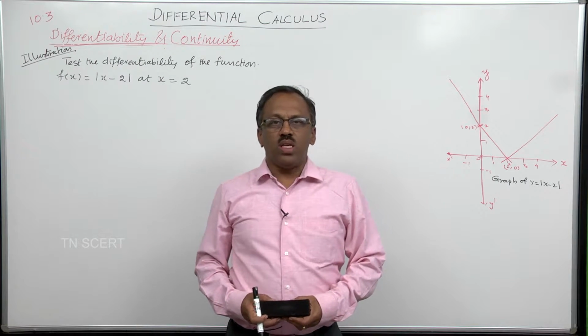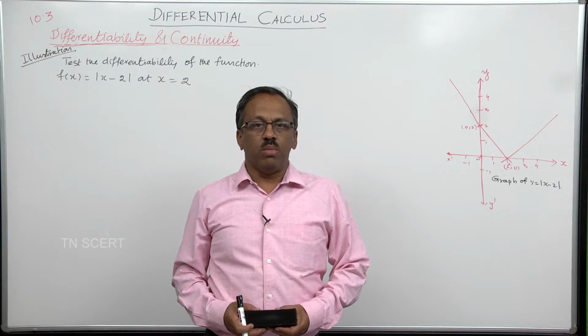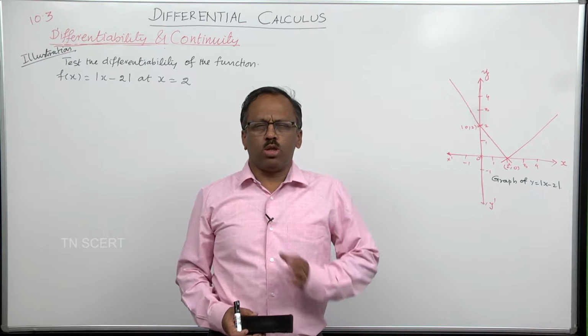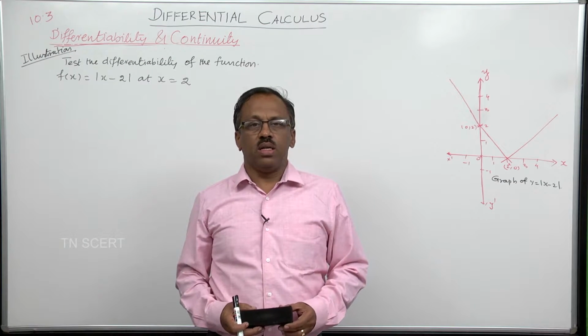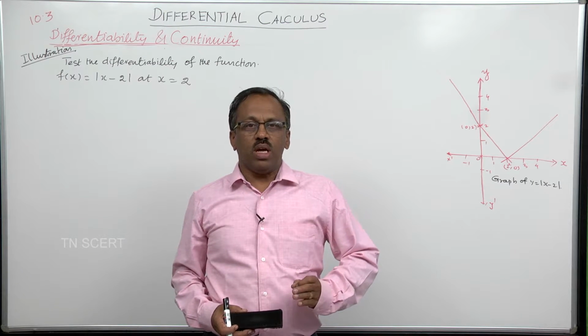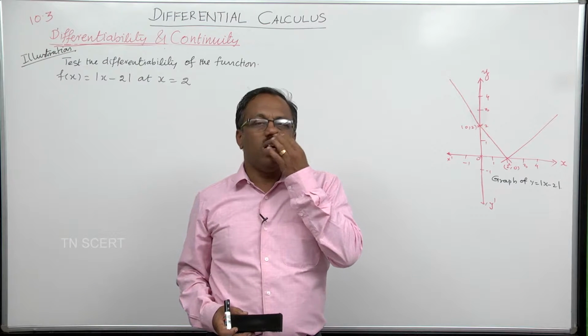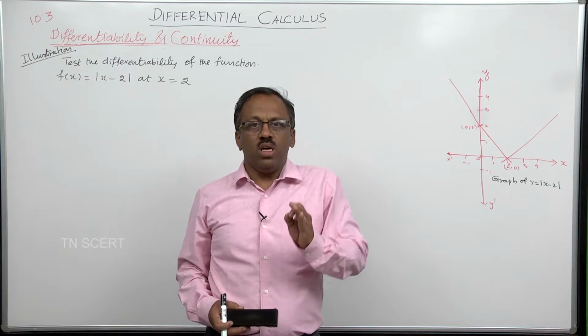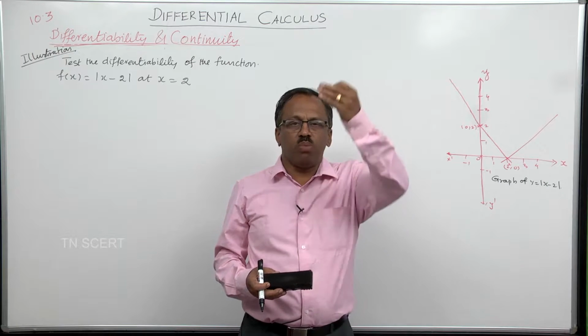Students, in differential calculus, limits, continuity, differentiability, you are thorough with all the three. In spite of that, you must refer to what is differentiability. A function is differentiable at a point x equal to some point x naught.